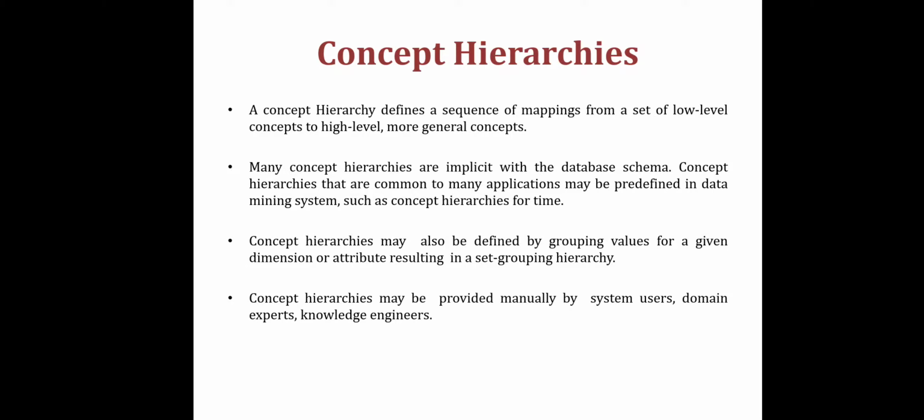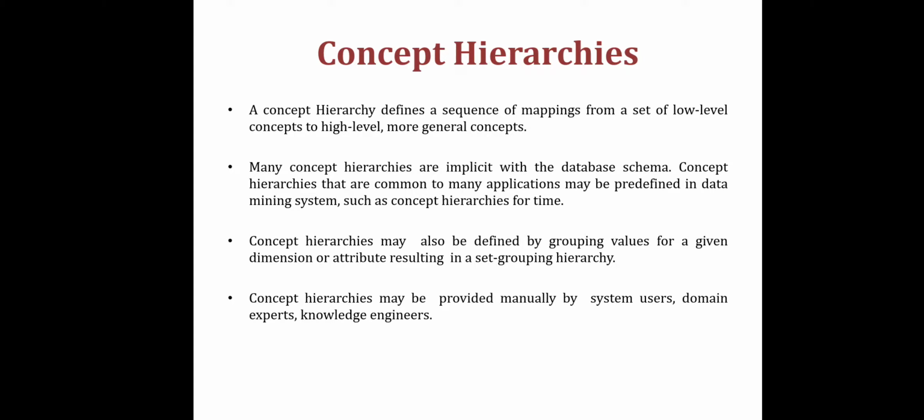We are generalizing the term street to the state, or we can generalize street to the town. This is called a concept hierarchy, where you are going from low level to high level. Either you can step down the concept hierarchy, or go from bottom to up. In this way we can make use of the concept hierarchy.